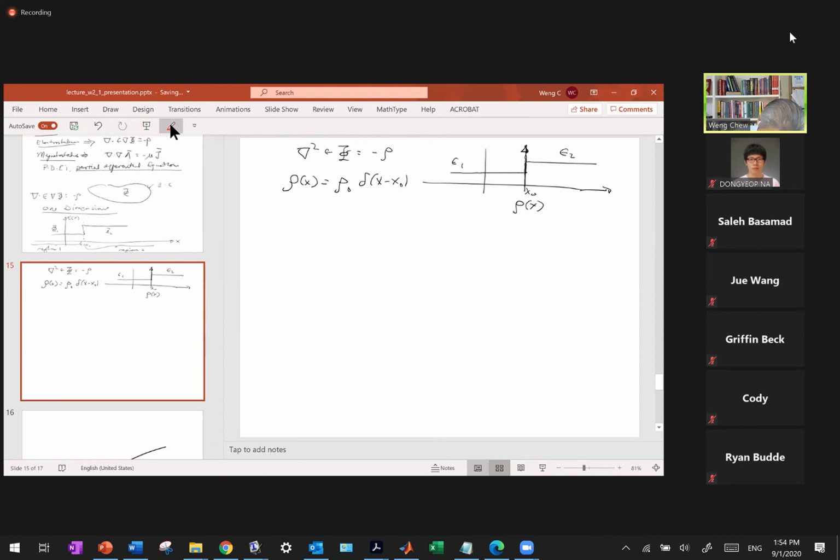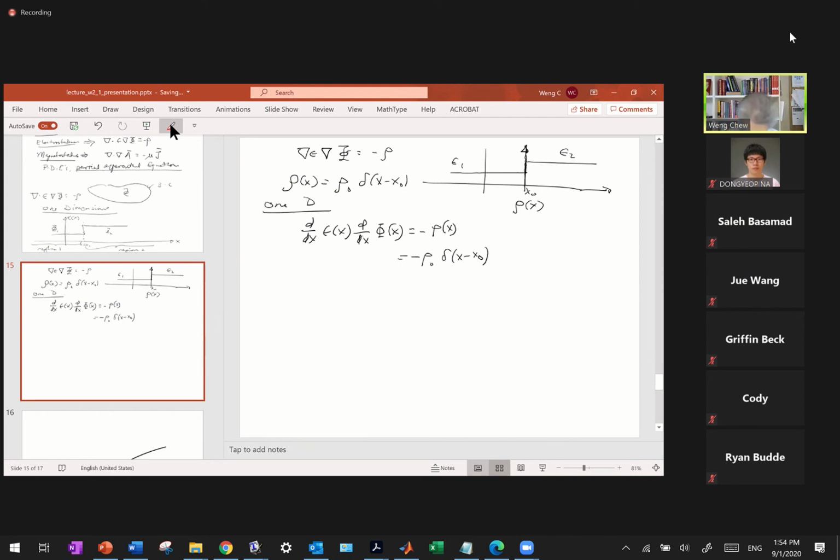We can write down this equation in one dimension. This can be written as partial x of epsilon as a function of x, times partial x of phi as a function of x, is equal to minus rho as a function of x, which is minus rho naught delta of x minus x naught.